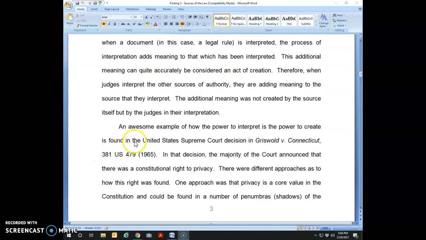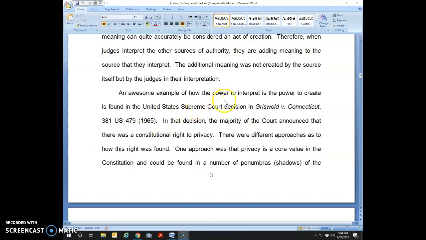And to continue with this awesome word, an awesome example of how the power to create emerges from the power to interpret is a 1965 United States Supreme Court decision, Griswold versus Connecticut. Let's just consider this case. It's kind of interesting. In that case, there was a Connecticut law at issue that the duly elected legislature, by the majority of the people who voted in Connecticut, had kept on the books, as we like to say, for years.